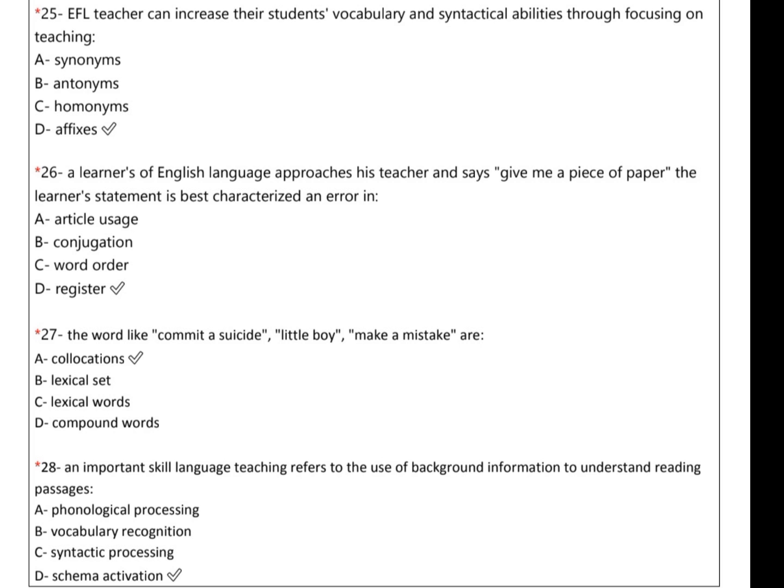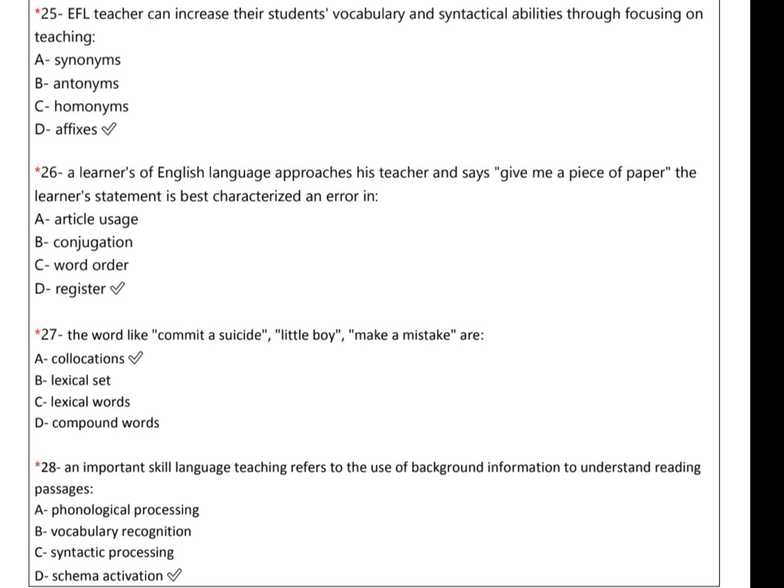27. The words like "commit a suicide," "little boy," "make a mistake" are: A. Collocations. B. Lexical set. C. Lexical words. D. Compound words. 28.